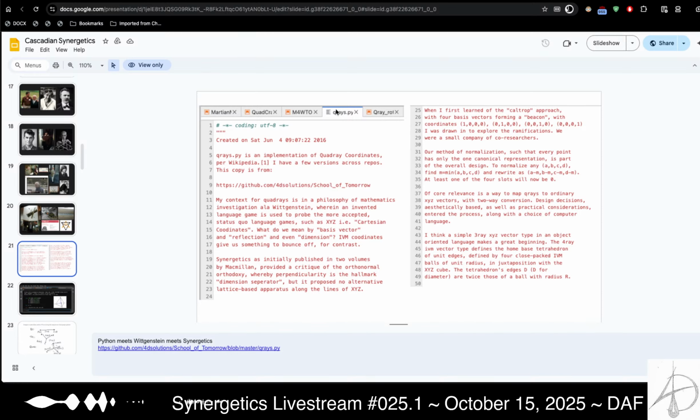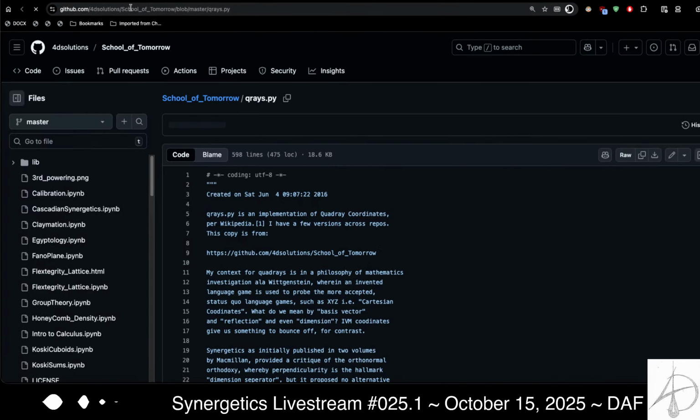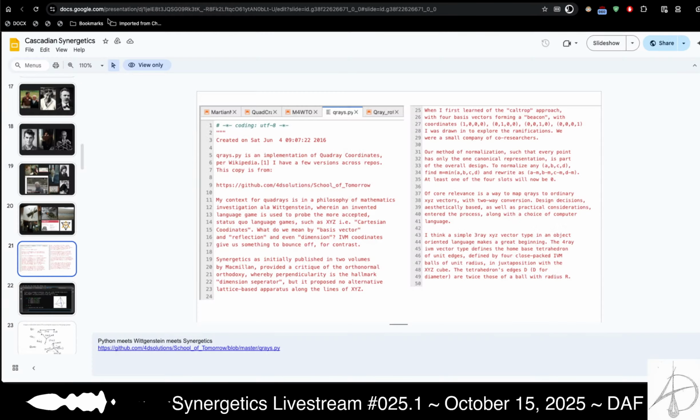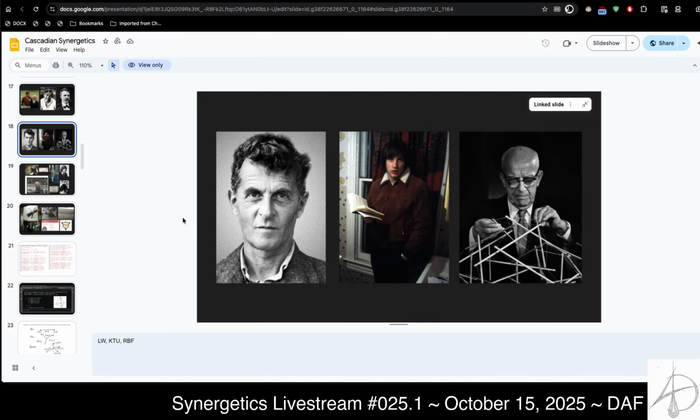They're notebooks and they're Python scripts that relate to quantitative ideas from Synergetics and the quadrays, which are not in Synergetics, but another natural coordinate system that was built afterwards, with some of the people already seen and other collaborators, and always characteristically, whimsically though quite seriously, put in terms of the humanities. So, Python meets Wittgenstein meets Synergetics. There we have Wittgenstein.